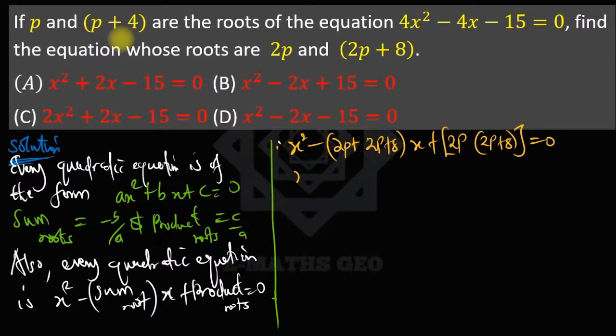So I will have x squared minus 4p plus 8 times x plus 4p squared plus 16p equal to 0. But there is nothing like that. So this is where the first information comes in.